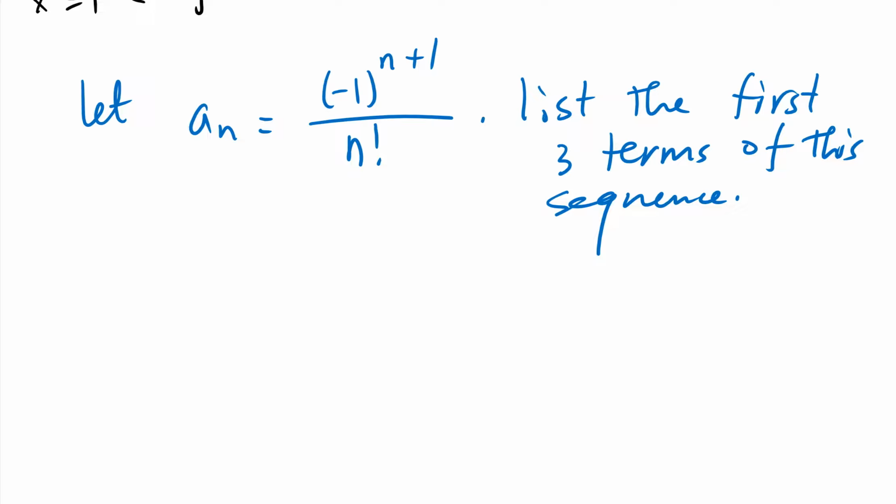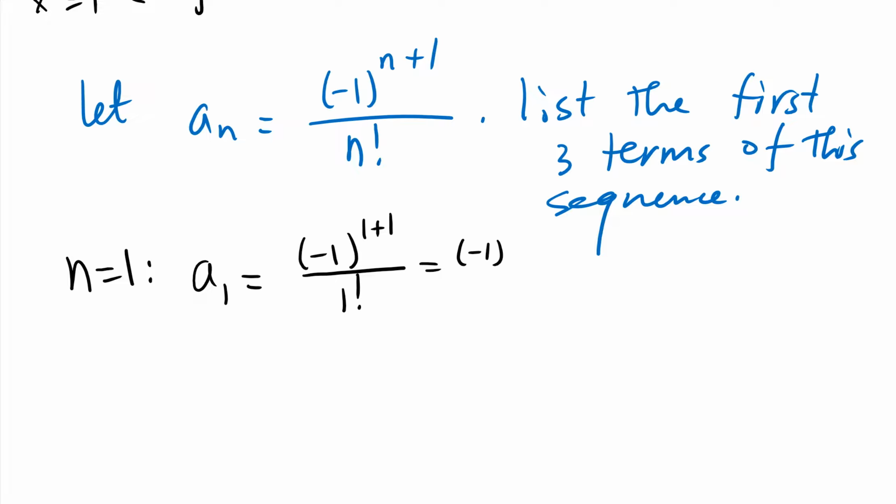We don't know what n is, but if n is not specified, this means n is bigger than or equal to 1. So you can take n equals 1. We get a sub 1 by substituting 1. So negative 1 to the 1 plus 1 over 1 factorial. Negative 1 squared over 1. That's a positive 1.